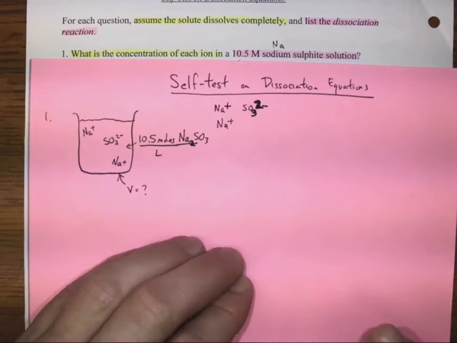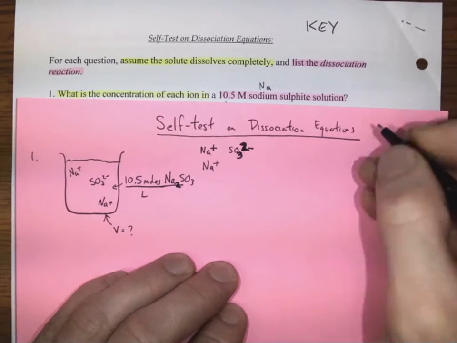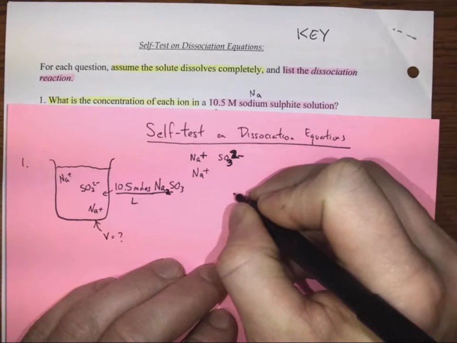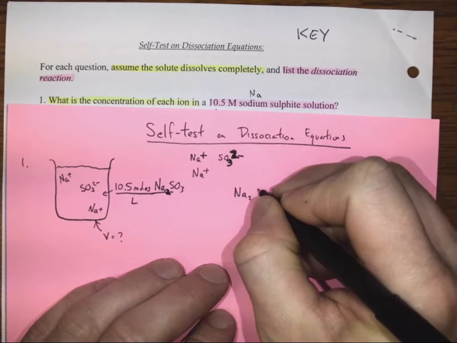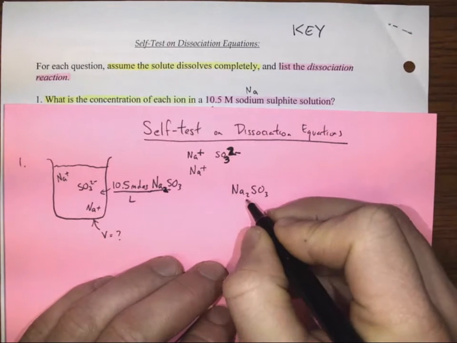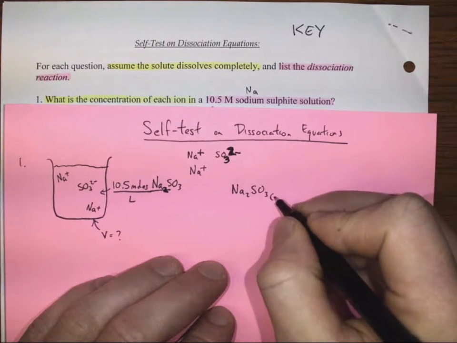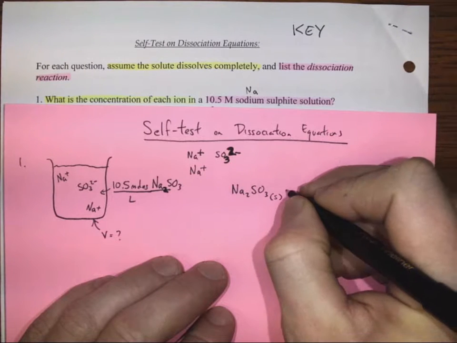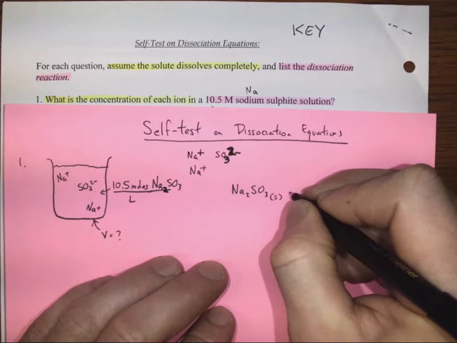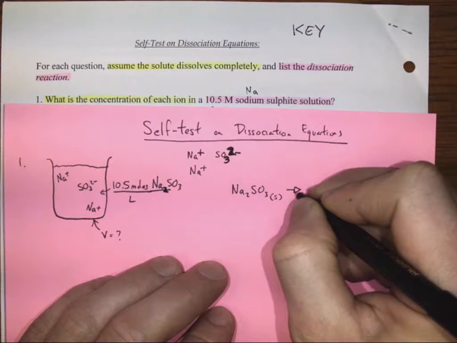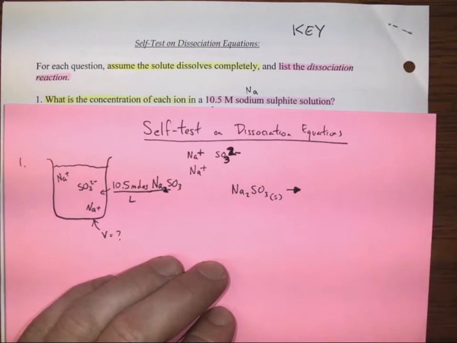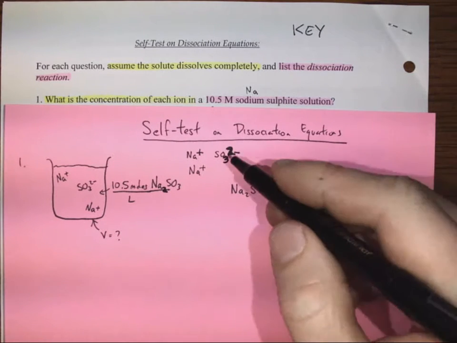To do that, I need to list a dissociation equation, so that's what I'm going to do next. I've got Na2SO3, and I can imagine that being a salt, some probably white powdered substance. S stands for solid, not salt. When put in water, that's going to separate into these component ions.